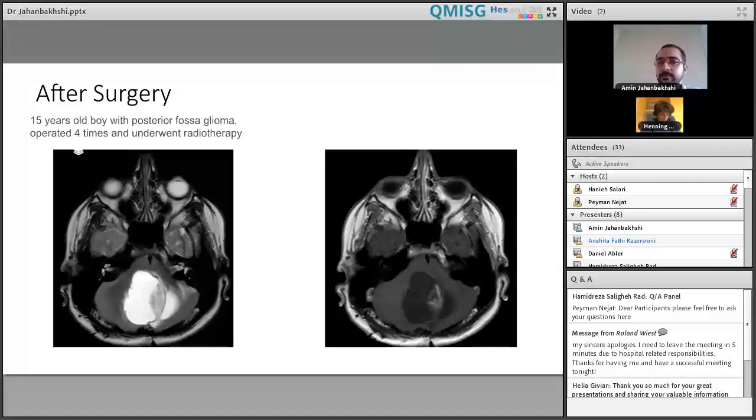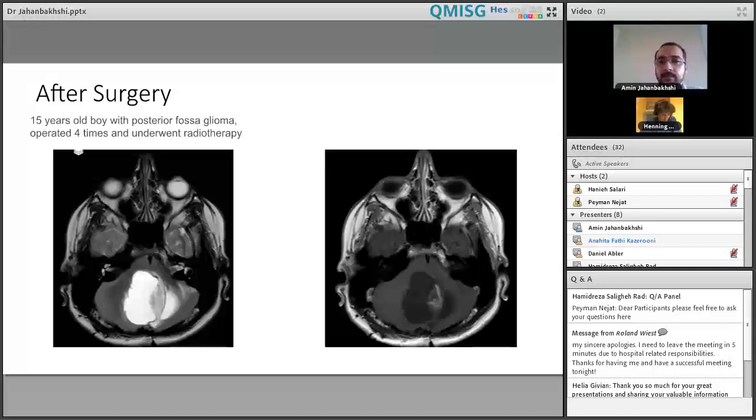Actually, using the available techniques in radiology, you can imagine perfusion scans, we can imagine MR spectroscopy. There is no clear distinction between recurrence and post-radiation changes. There is no definite way you can draw a clear line between these 2 entities.